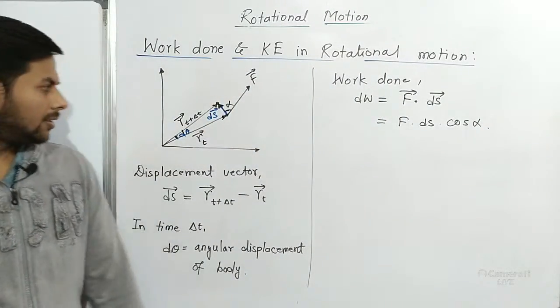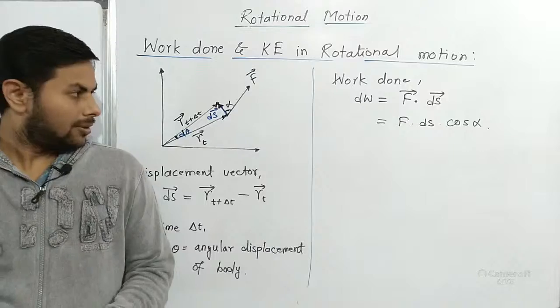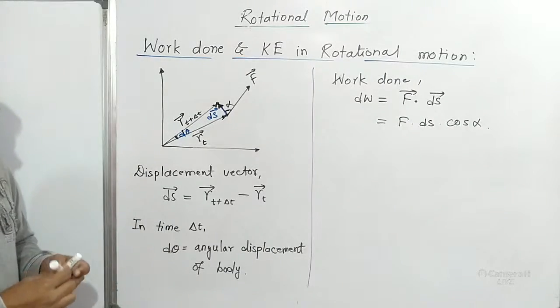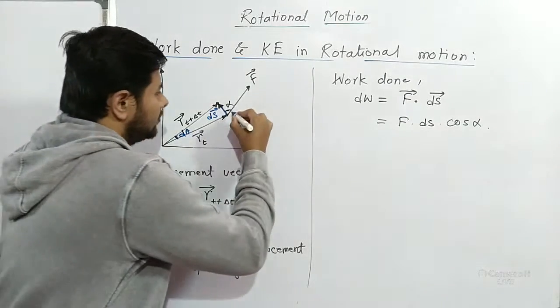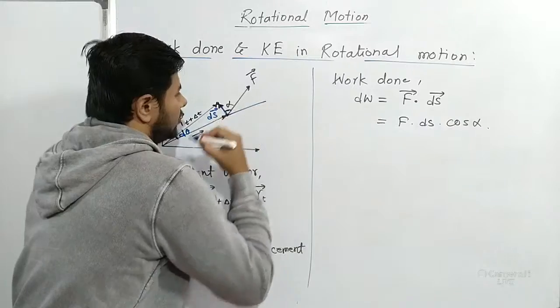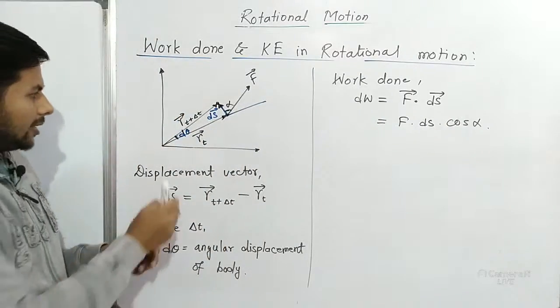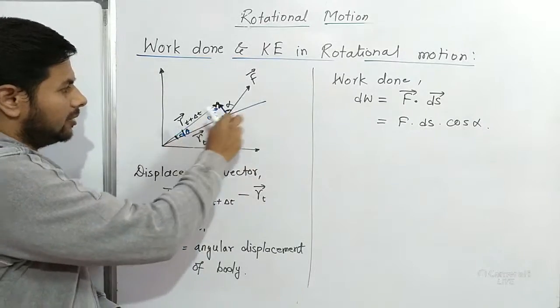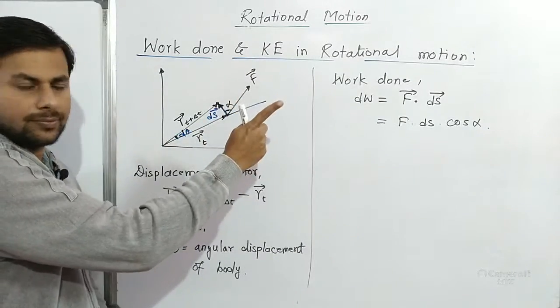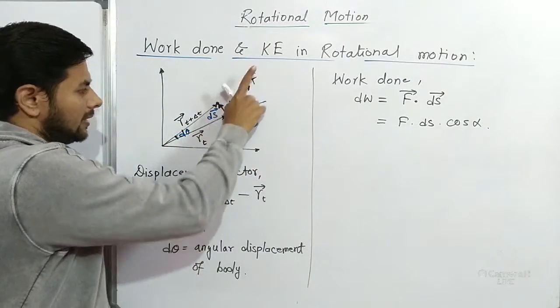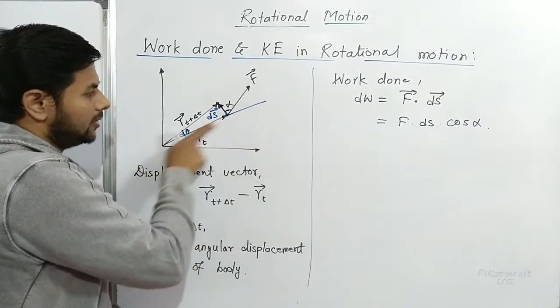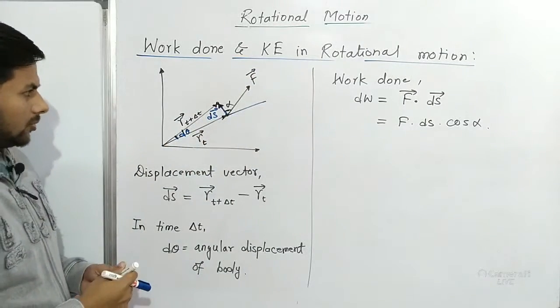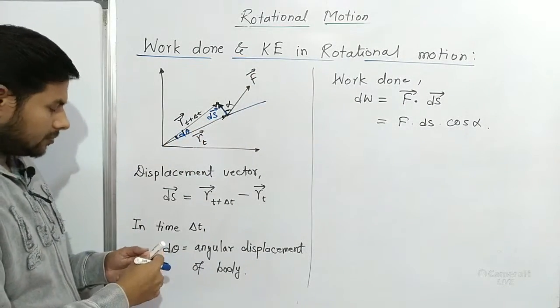All right, and now if we talk about this angle, this is precisely the angle between the position vector of the particle at time t and the force. Force is acting in this direction, the position vector is directed in this direction. So I will call this angle theta.